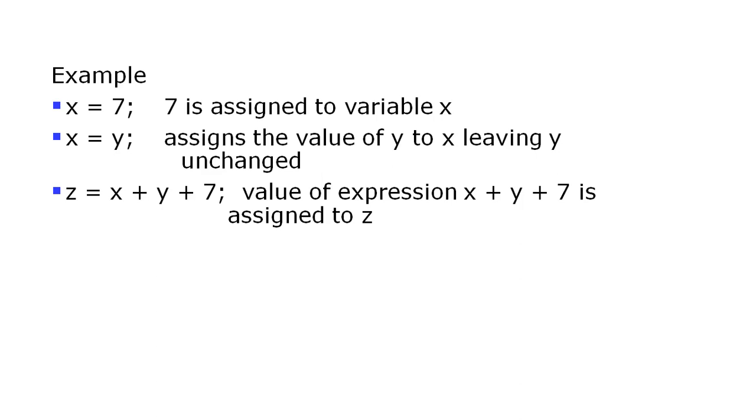Here x is equals to 7. 7 is assigned to variable x. And x is equals to y assigns the value of y to x, leaving y unchanged.